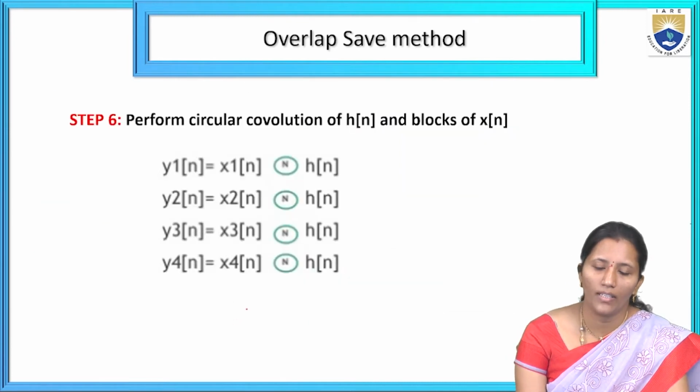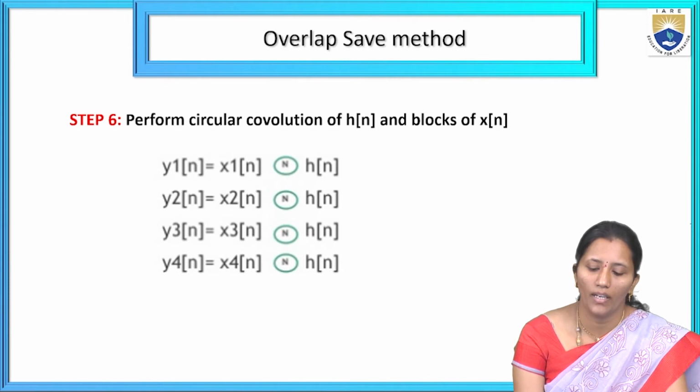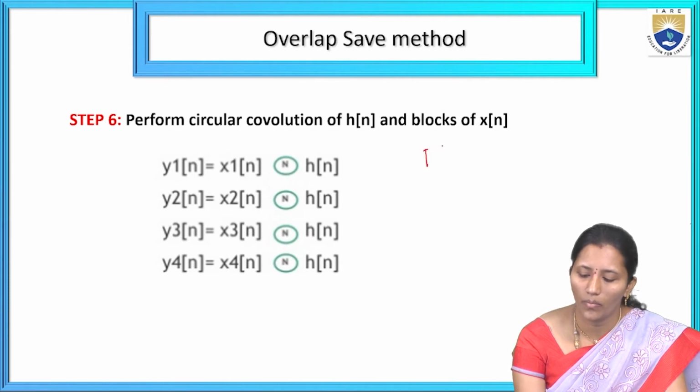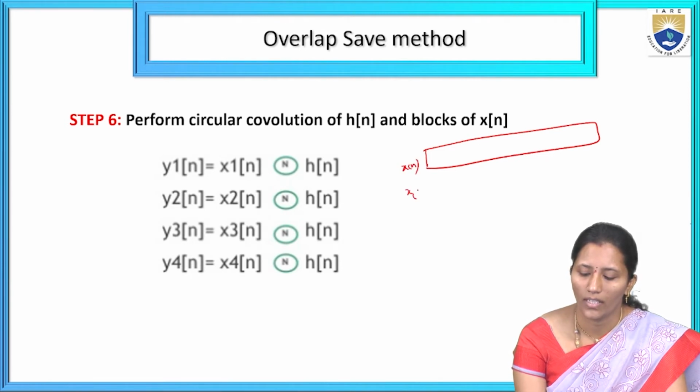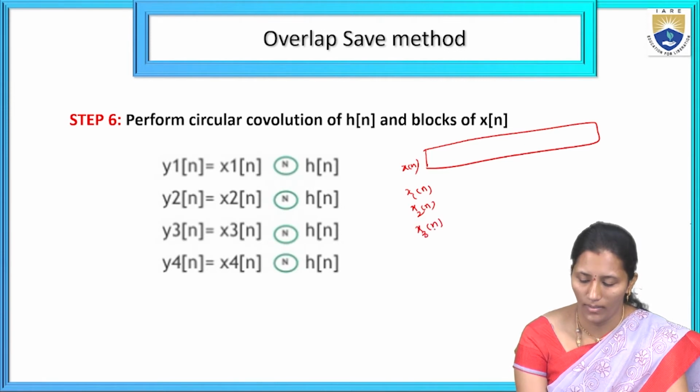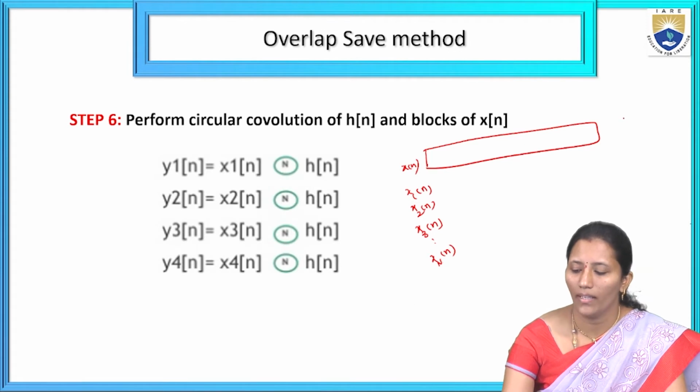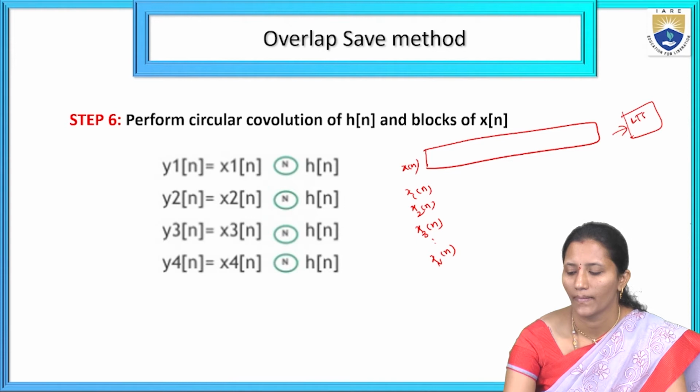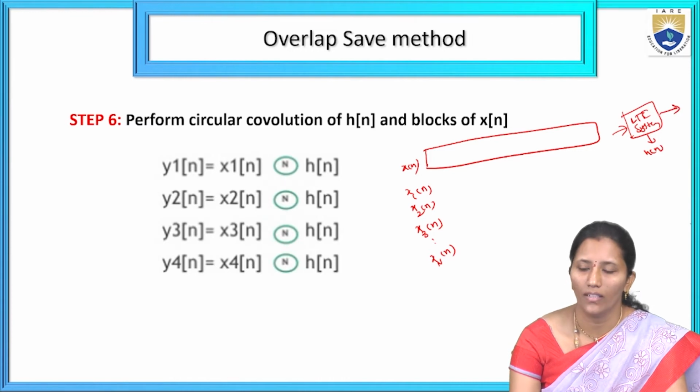So we are here in step 6. What we are doing here: we segmented the long duration input sequence x of n into x1 of n, x2 of n and x3 of n like that. But the system has an impulse response h of n, which is a short duration sequence.